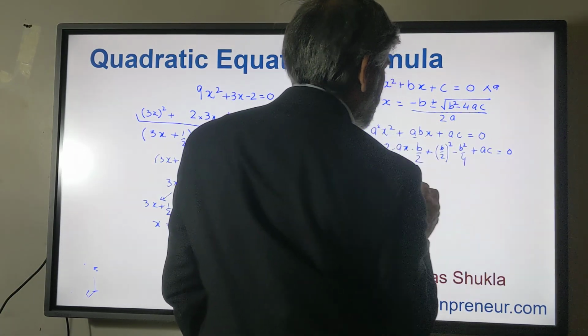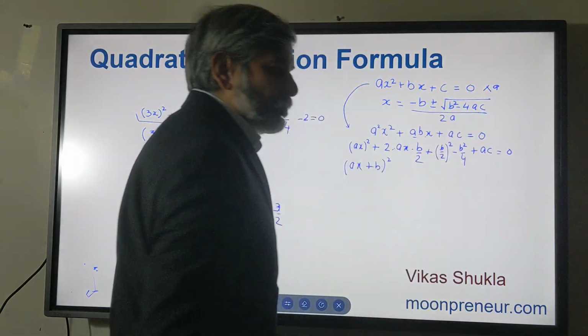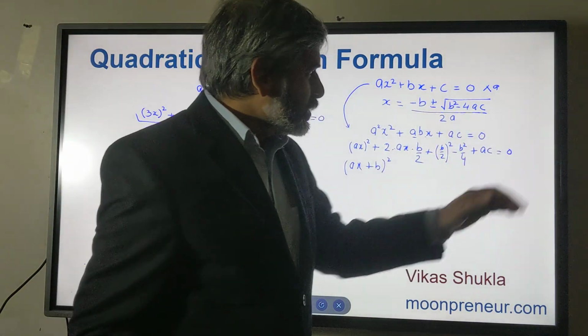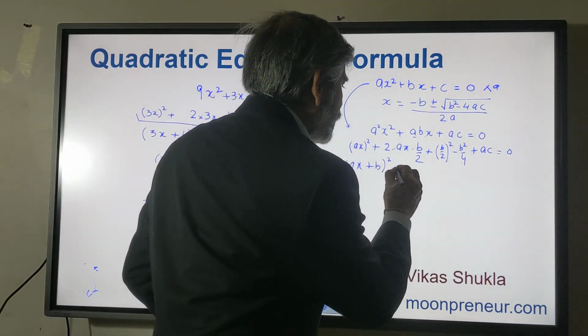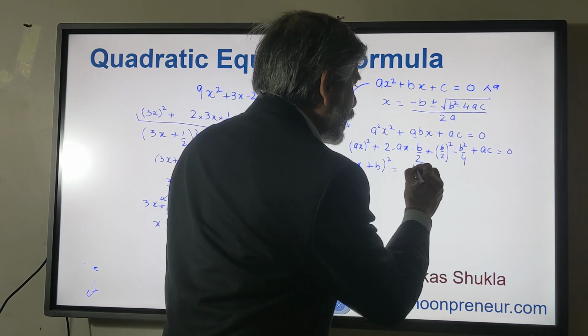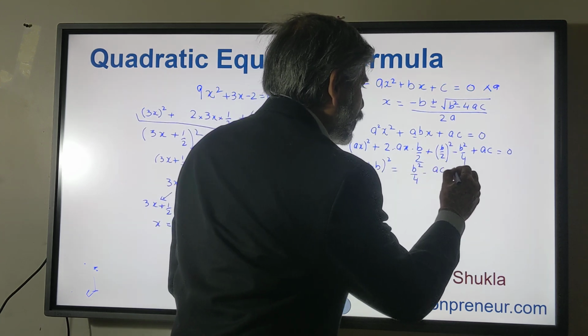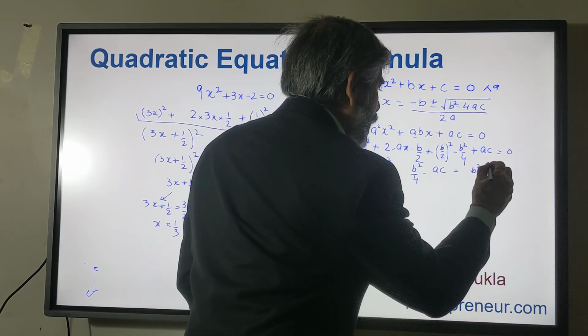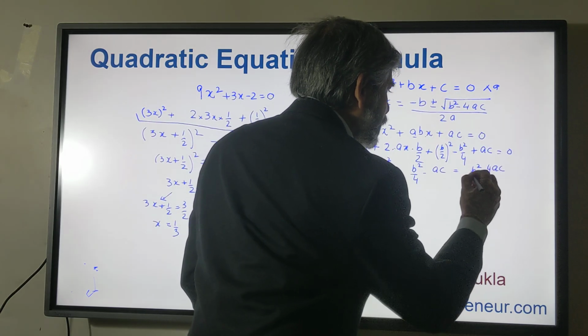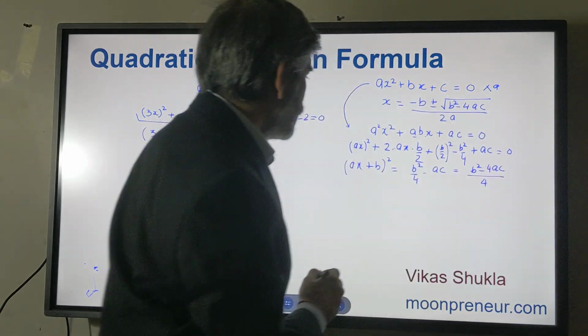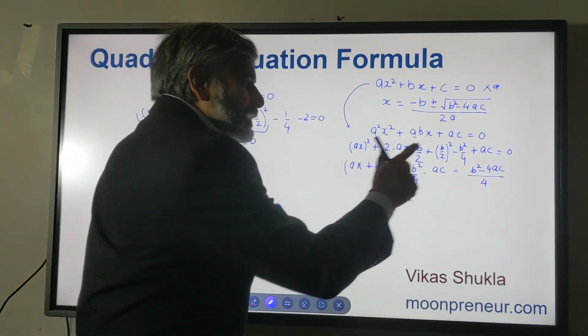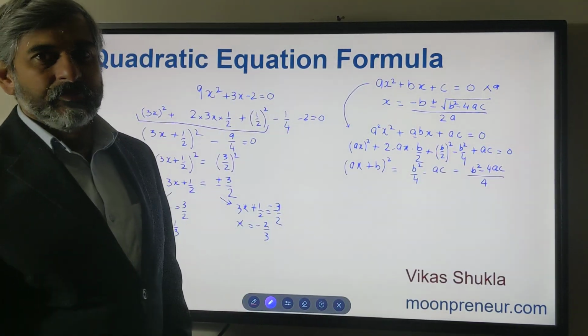And I can mentally transfer the rest to the right hand side. I will get b square by 4 minus ac, which I can also write as b square minus 4ac divided by 4. Now I can take the square root of both sides.